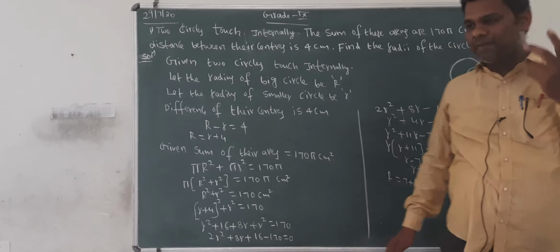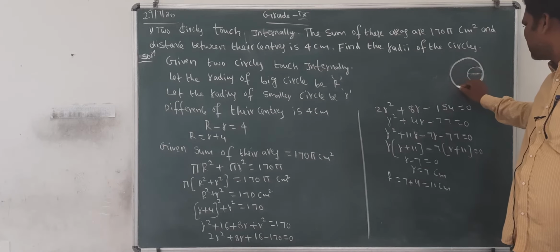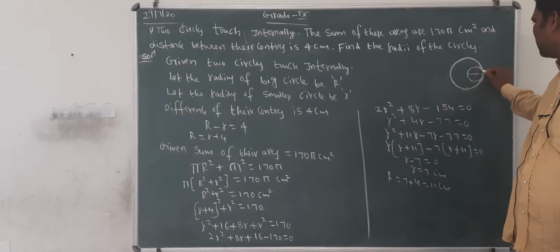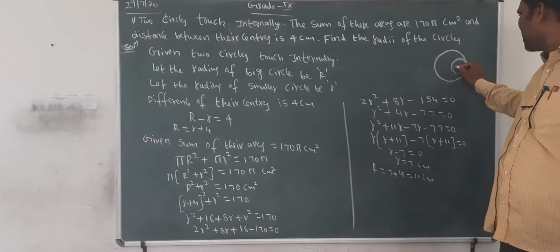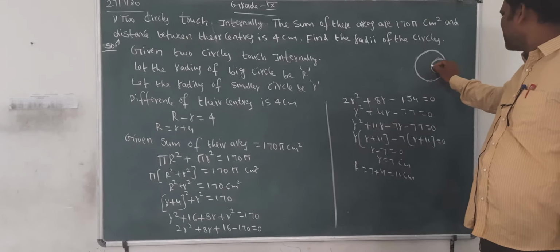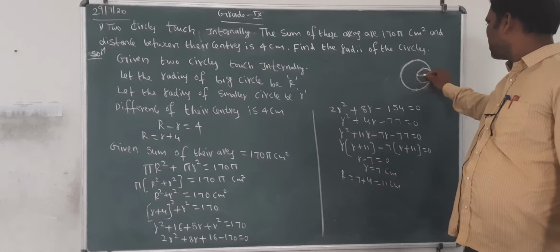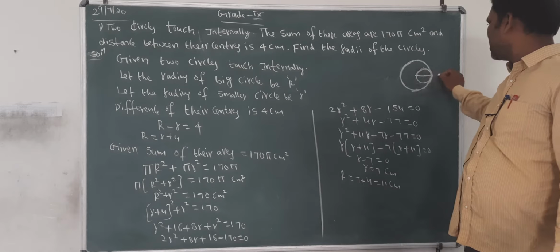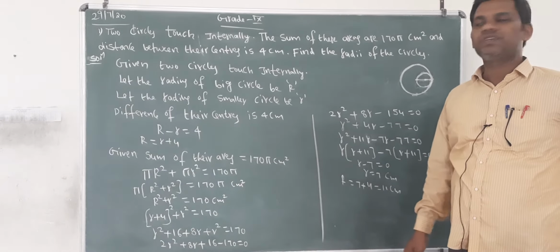What are they saying here? Two circles touch internally, and this is the center of the small circle and this is the center of the big circle. This total is the radius, and from here to here is the radius of the smaller circle.